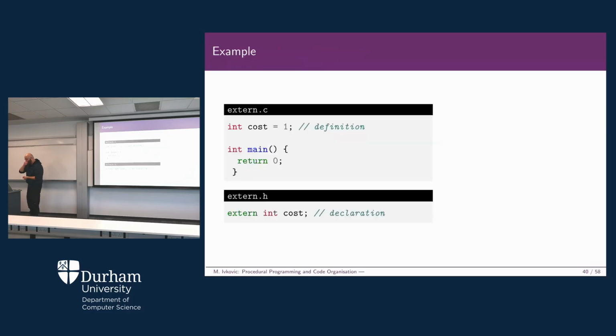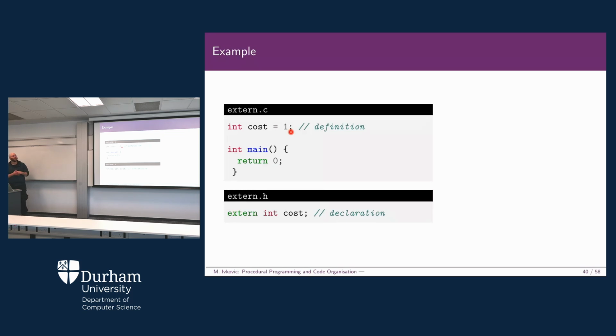Now, here's an example. If we have some implementation file, also some main file called extern.c, where we define an integer called cost and give it a value.